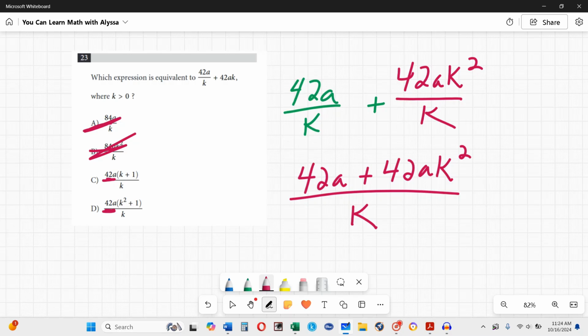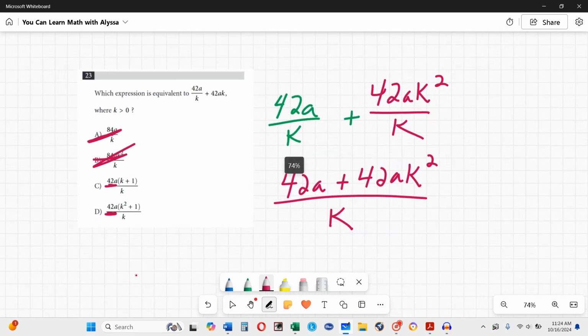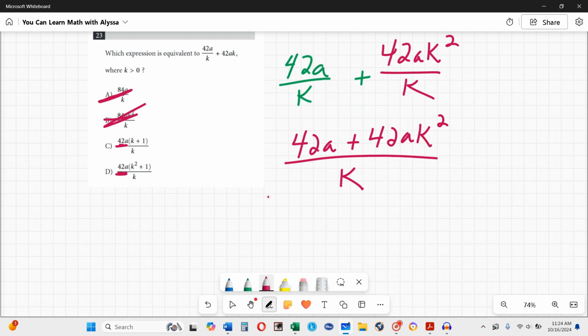So what happens when we pull out 42a? Right, so if I take out 42a from this first term, now remember I have to be able to multiply 42a by something here to get back to there. You can't just say I took out 42a so then nothing's left.